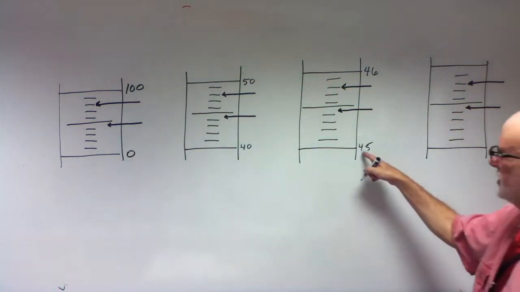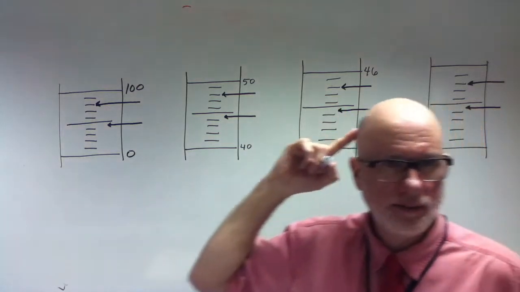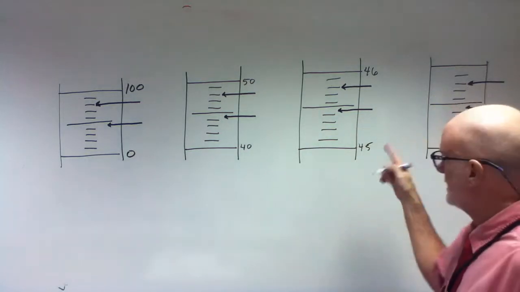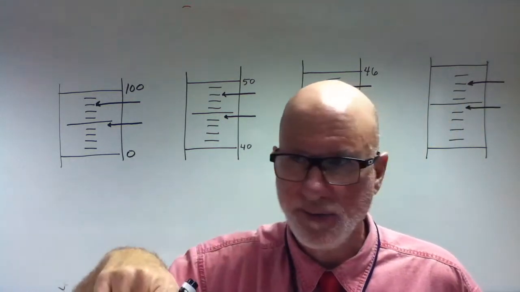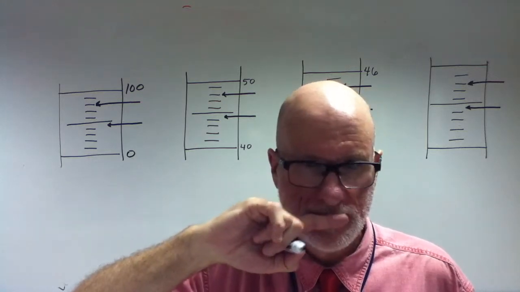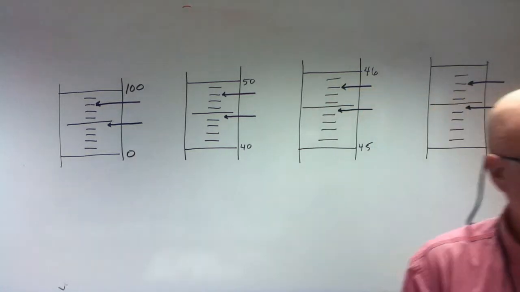So this says 45.55, right? Is that what that says? So what would I put the next one? Shall we just do those three? Yeah, let's do just those three. Otherwise it'll get a little crazy.